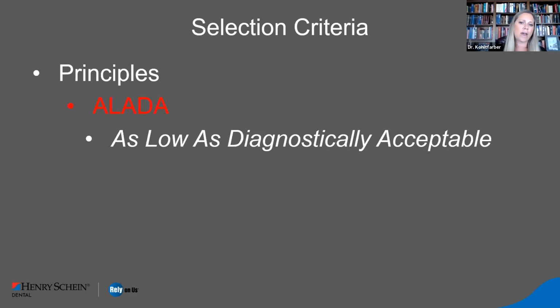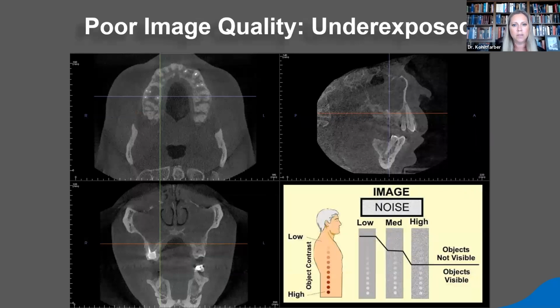And with that, we found with some of these units, especially when we had the image intensifier units, it was actually possible to be too low. And so they've looked at maybe changing this to as low as diagnostically acceptable, because it's important that we have a diagnostic image in order to correctly evaluate that patient case.